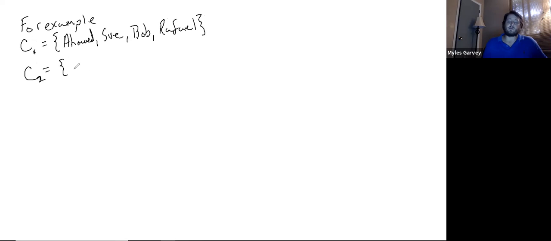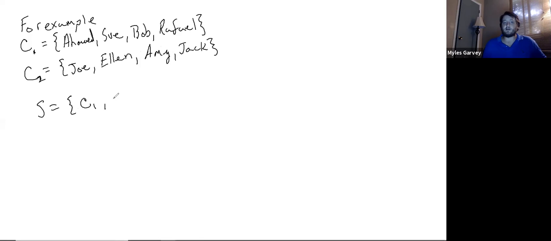Suppose in classroom 2, I have, let's say, Joe, Ellen, Amy, and Jack. So I have two classrooms. I can then talk about the set of classrooms, C1 and C2.